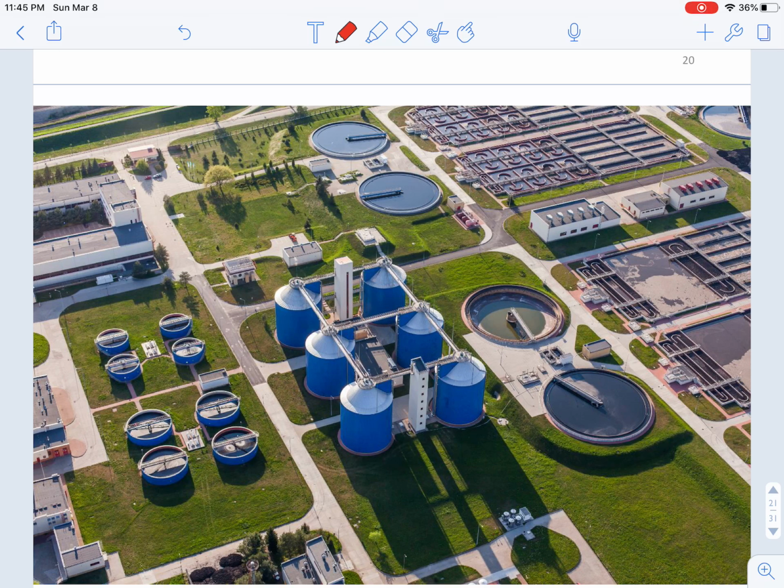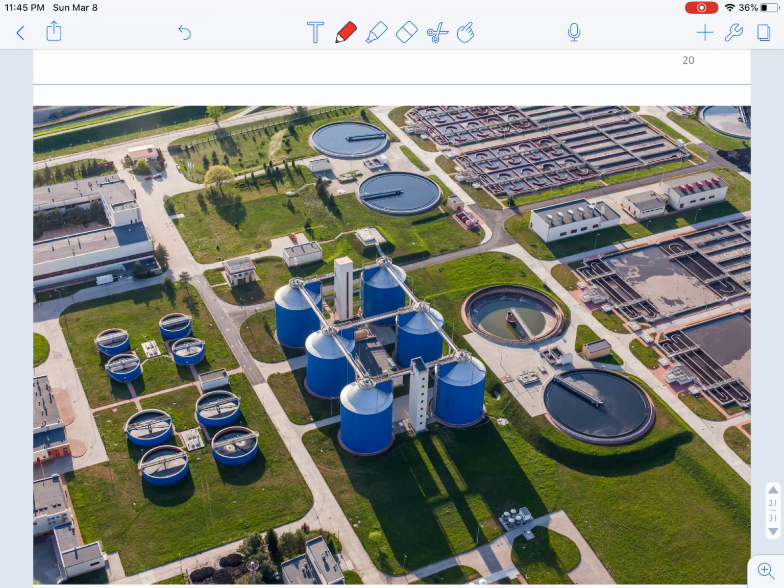This can also reduce the time for us to purify the water. Okay. So this is all about the coagulation, flocculation, and clarification.